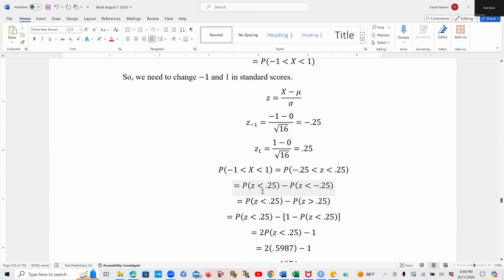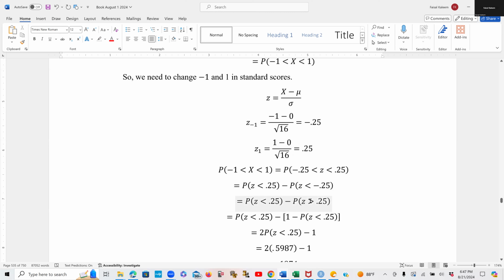And that's the probability of Z less than 0.25 minus Z less than -0.25, because probability of Z between A and B is probability Z is less than B minus Z less than A. So our table of the exam doesn't have negative values. So probability Z is less than -0.25 is the same as Z greater than 0.25.